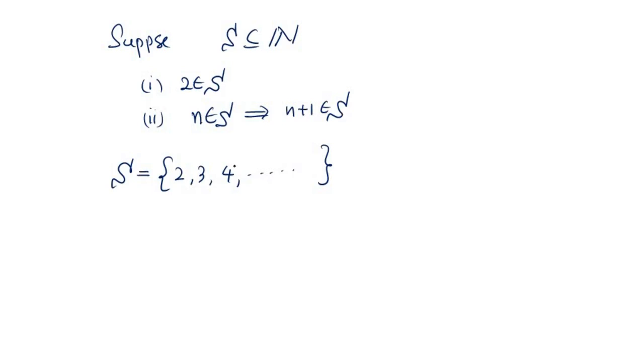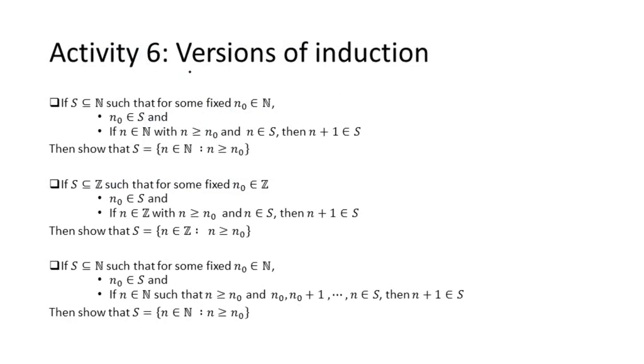Now, there are several such variants of the principle of induction that come in handy when proving various results. We call all of these variants in general the principle of induction. Now, activity 6 outlines several different versions of the principle of induction. The first one is the following.